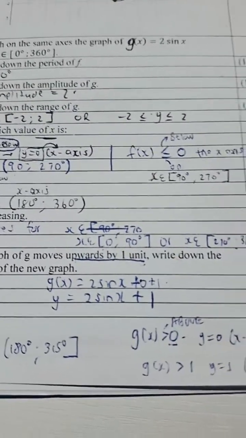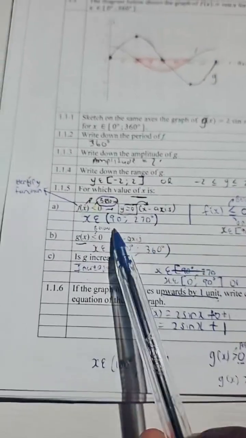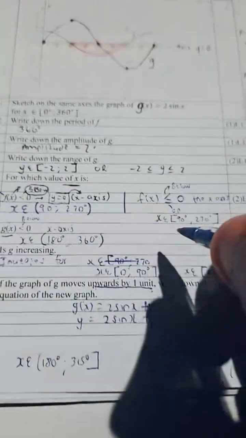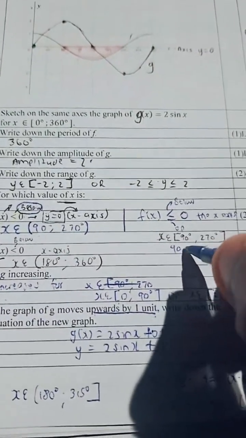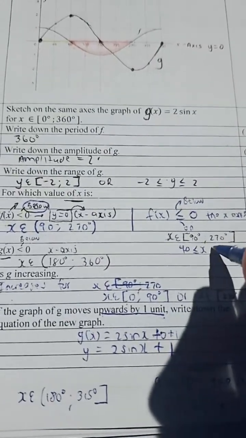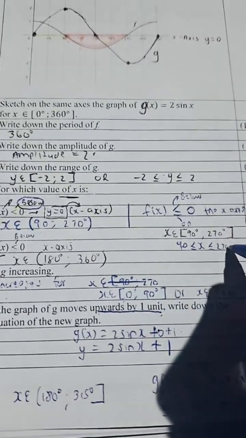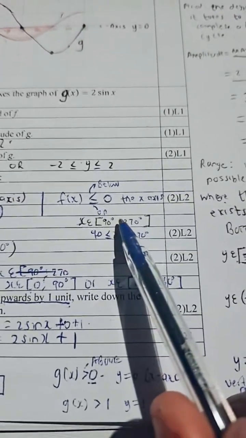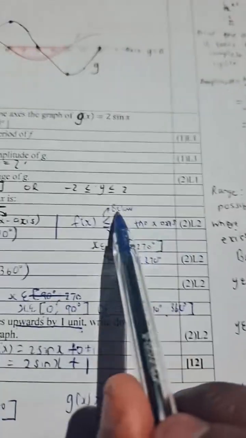Okay, I think that's clarified. That's fine. Okay, yeah, you can definitely do that. This answer here, if you want to, you can write it in this way. Say x is greater than or equal to 90, but less than or equal to 270. You have two ways in which you can write your answer for this particular question.